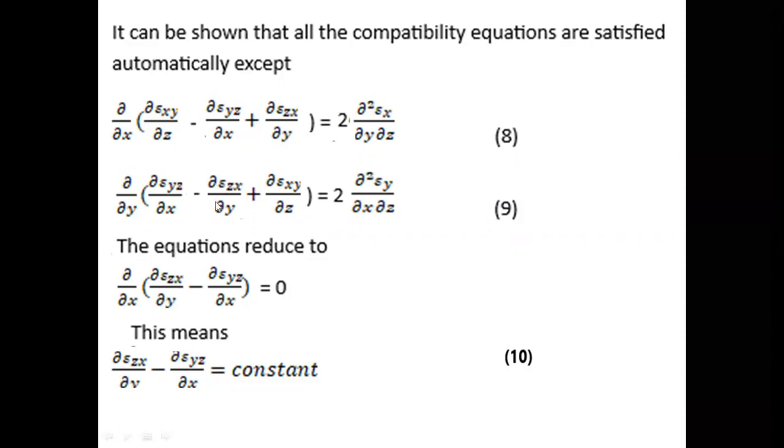So we would like to satisfy them in terms of the stress function. Look at equation 8.